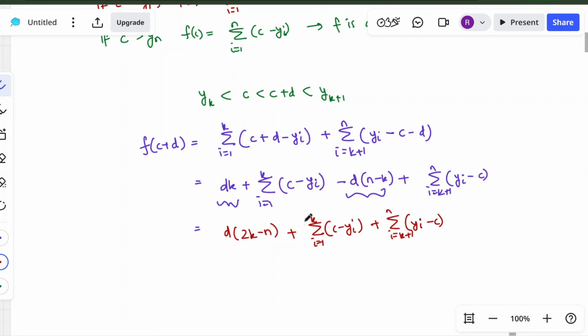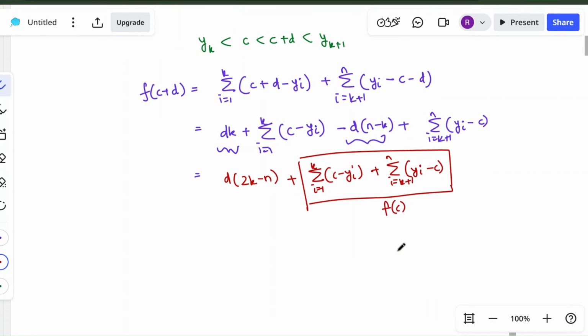But this term that you notice here, what is this term? This term is nothing but f of c. So we concluded that f of c plus d minus f of c is equal to d times 2k minus n.